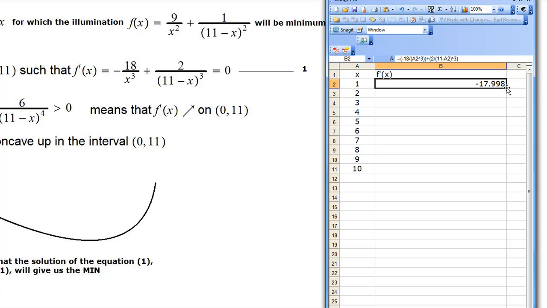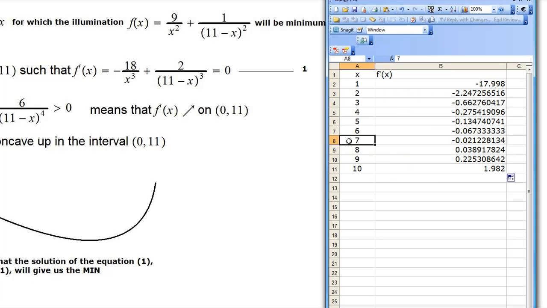If we look at that, notice that it changes sign between x equals 7 and x equals 8. What does it mean? We will have a solution of the equation f prime of x equals 0 between x equals 7 and x equals 8 by the intermediate value theorem.